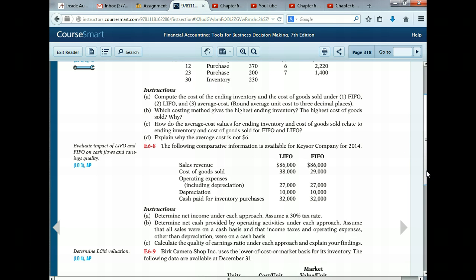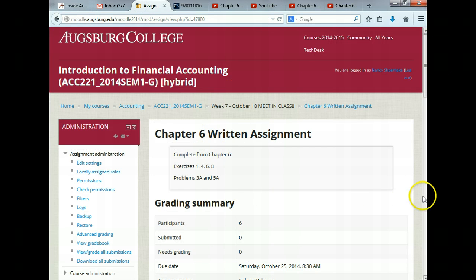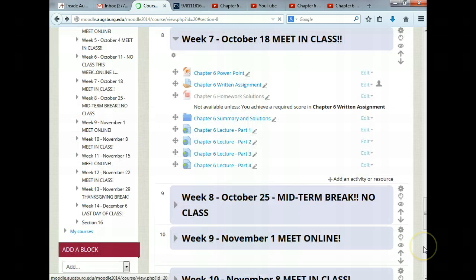Now, E8, or E6-8. The following comparative information is available for Kaiser. Determine net income under each approach. Assume a 30% tax rate. So what I'm going to do here, just to make it easier, is less writing for me.